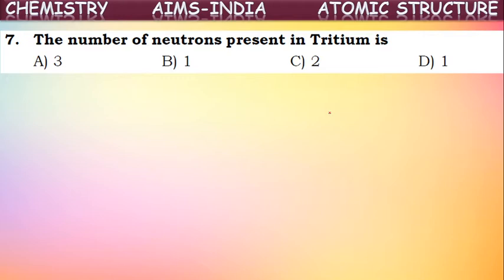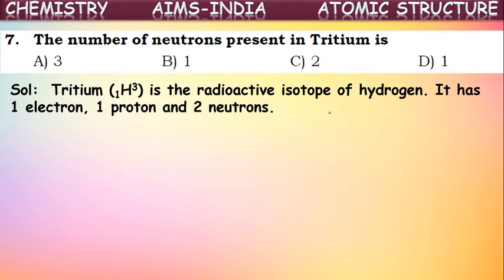So hydrogen has 3 isotopes, namely protium, deuterium and tritium. Tritium is a radioactive isotope of hydrogen and it has 1 electron, 1 proton and 2 neutrons. Actually protium has no neutrons, only 1 proton and 1 electron.